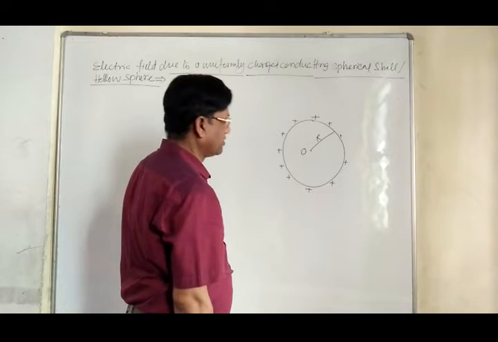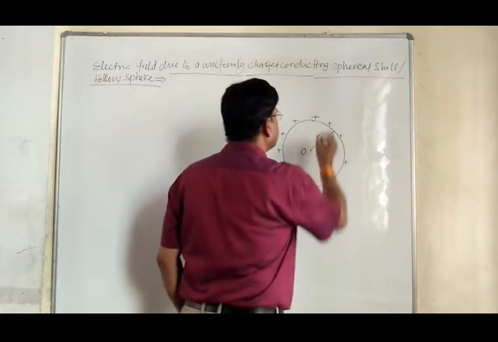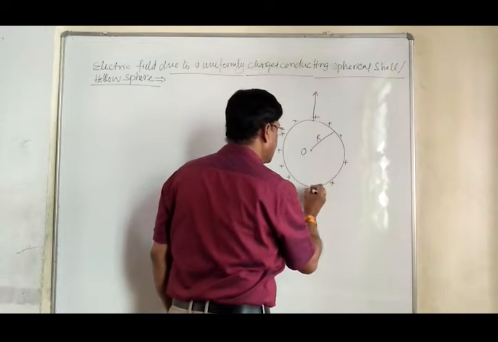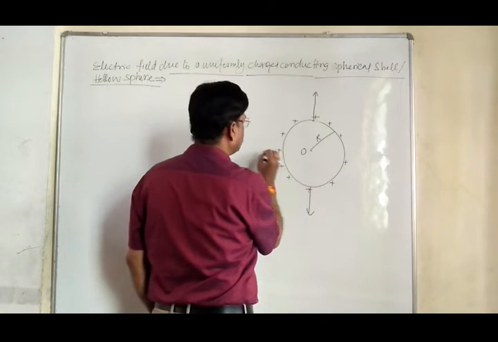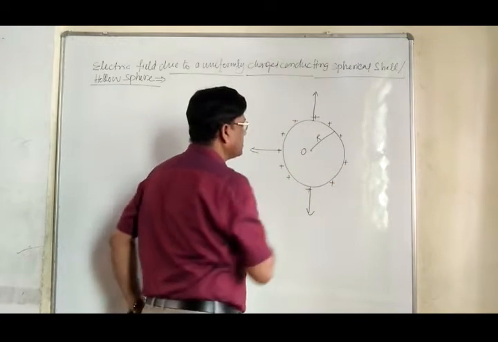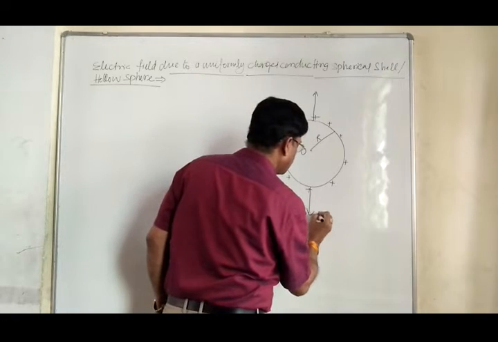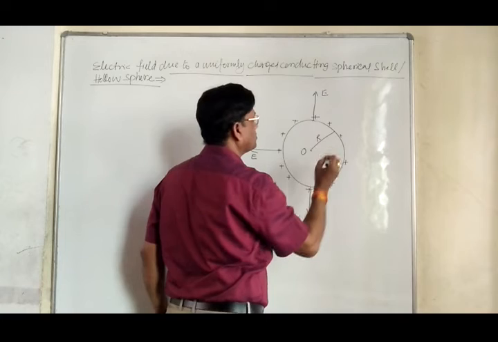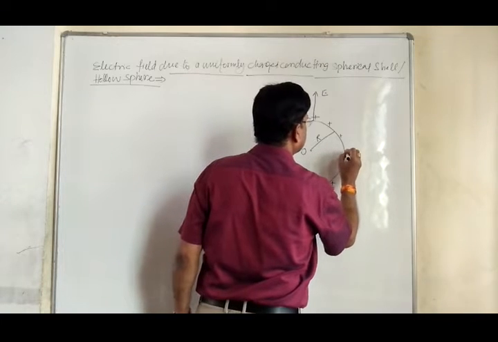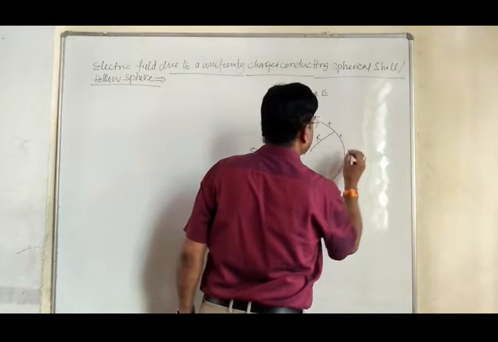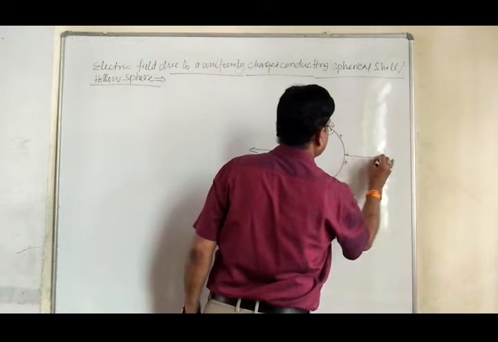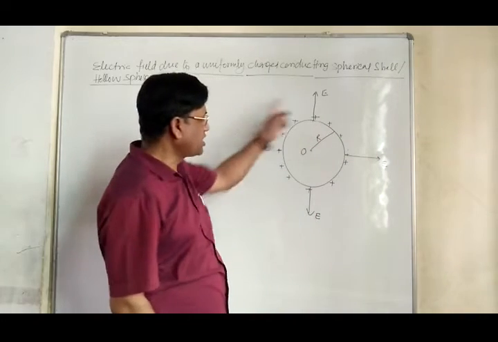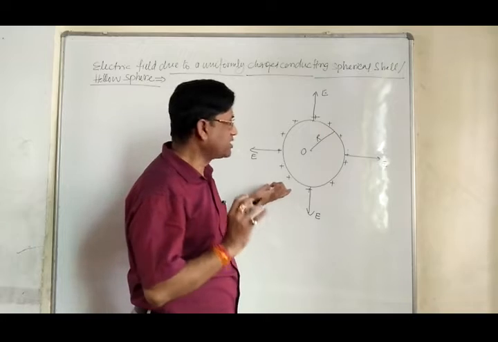Due to this sphere, the electric field is radial, that is radially outward. This is E. The surface charge density of the sphere is sigma.